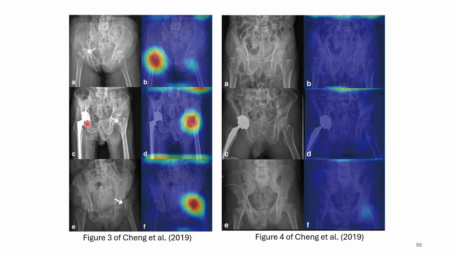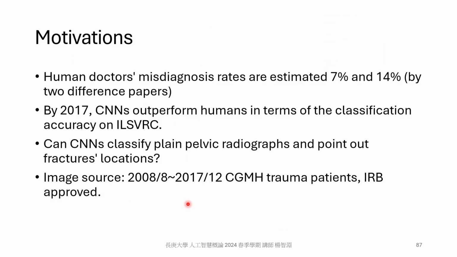What he wants to do is, given an X-ray image, know whether there is a fracture in the image and where the fracture is. So for this column, yes, there is a fracture, and he labeled it with the white arrow, and this is the heat map, and I want to show how to do it. So that's his motivation.